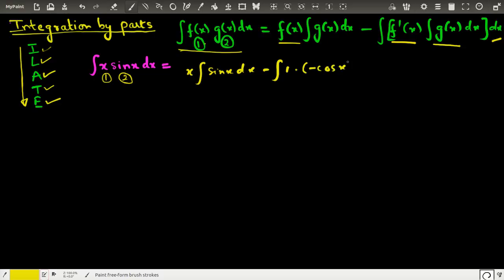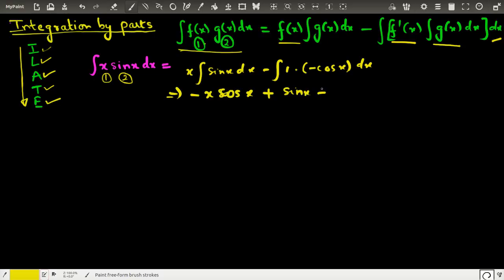Whatever is the answer, we are integrating it once again. So the first function is x into minus cos x, and the second part, minus and minus become plus, and integration of cos x is sin x, right?